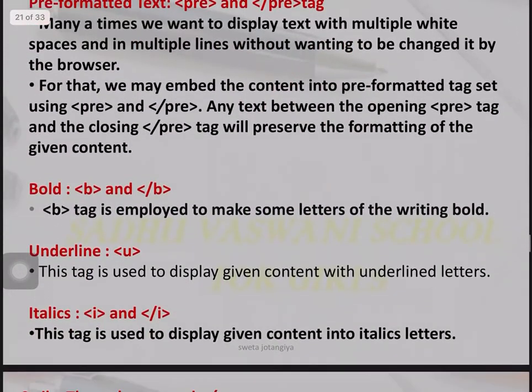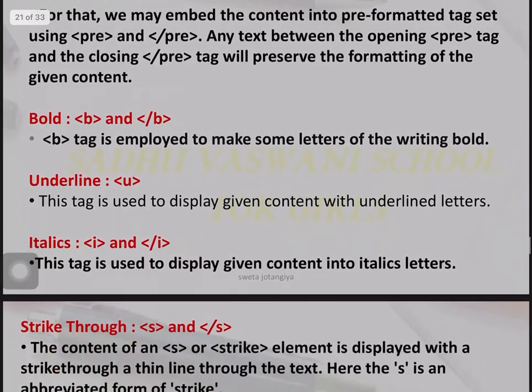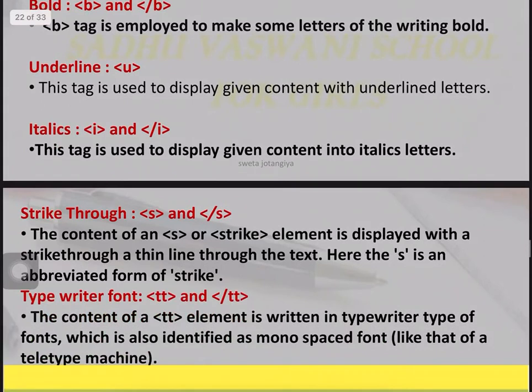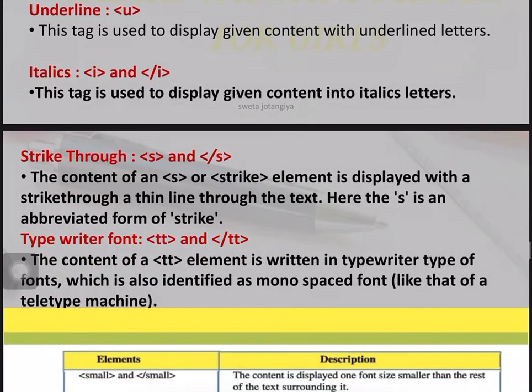Next one, B tag. B means bold, U means underline, I means italic, S means strikethrough. The content of an S or strike element is displayed with a strikethrough, a thin line through the text.